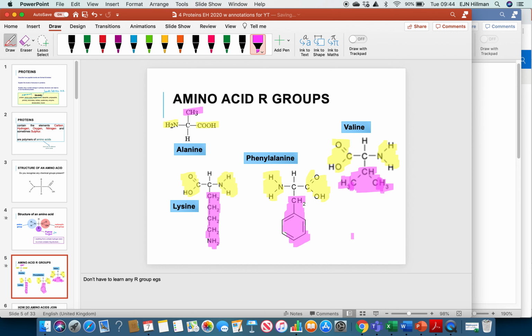So the important thing is that you are able to recognise those groups: the amine group, the carboxylic acid group, and the R group in each one. You'll also notice, and I've done it myself in the other diagram, that the carboxylic acid and the amine group can be either side of the carbon.